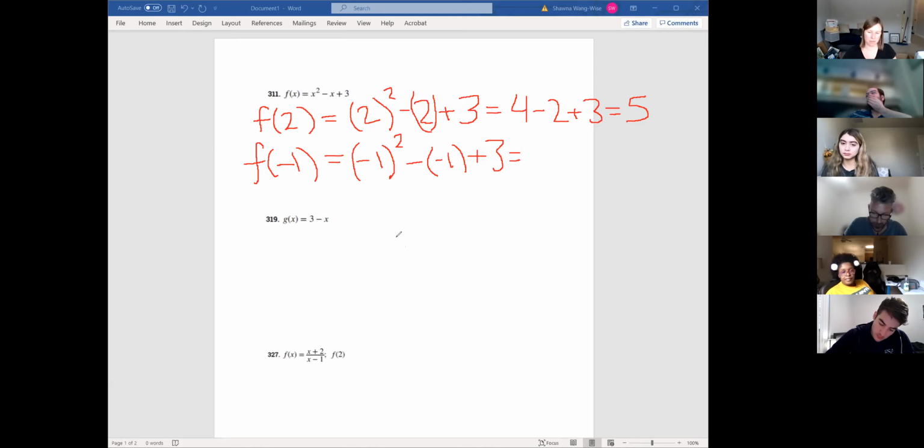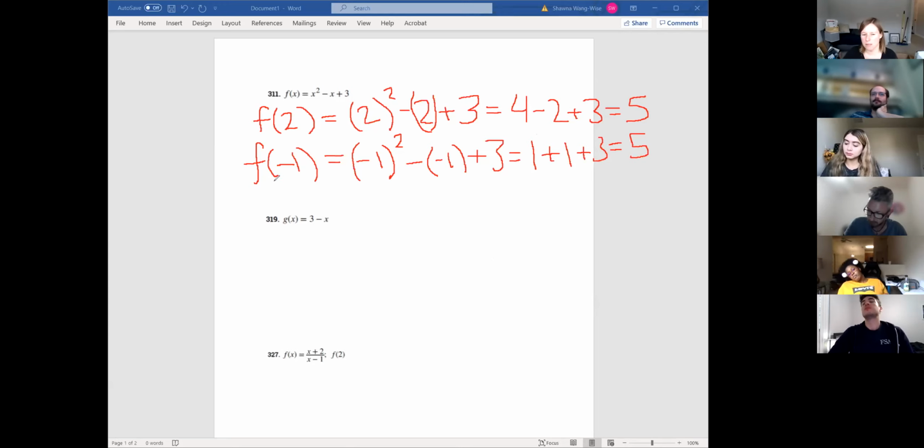And then in the bottom, it equals 1 plus 1 plus 3. And then that equals 5. Oh, we got the same answer as part A. Cool. All right, did everyone get that? Yeah. Okay.